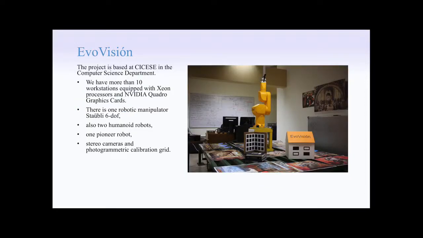The project is based at CICESE, and we have a fully equipped laboratory with multiple workstations, a 6 degrees of freedom robotic manipulator, 2 humanoid robots, 1 mobile robot, and several cameras and photogrammetric equipment.